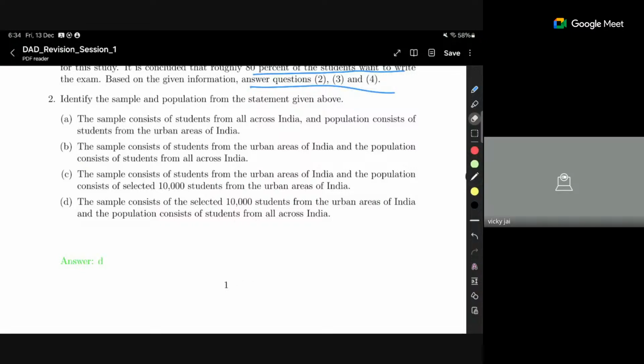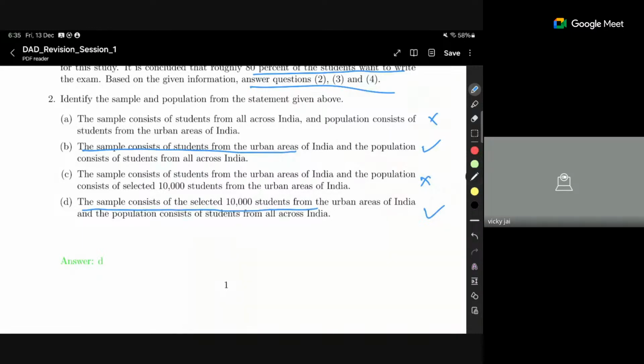Yeah, this statement is okay. This statement is also okay. These two are not okay. But if you see, this is more correct, right? The sample consists of students from the urban areas of India. Here, the sample consists of the selected 10,000 students from the urban area, right?